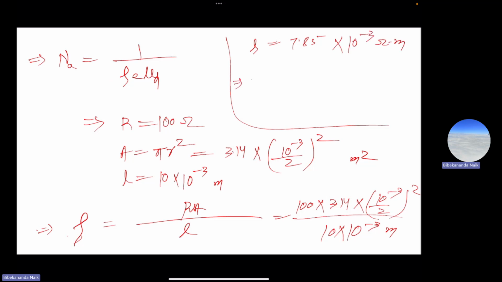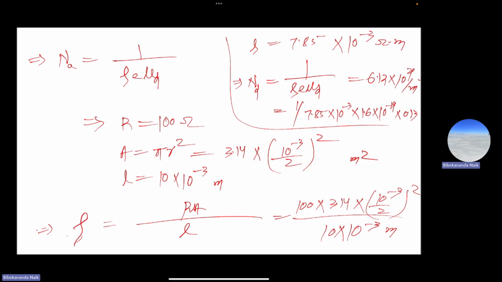So the donor atom density will be 1 by rho e mu d, that is 1 by 7.85 into 10 to the power minus 3 into 1.6 into 10 to the power minus 19 into mu d, which is 0.13. If you calculate it, it will give you 6.12 into 10 to the power 21 per meter cube. This is the correct answer.